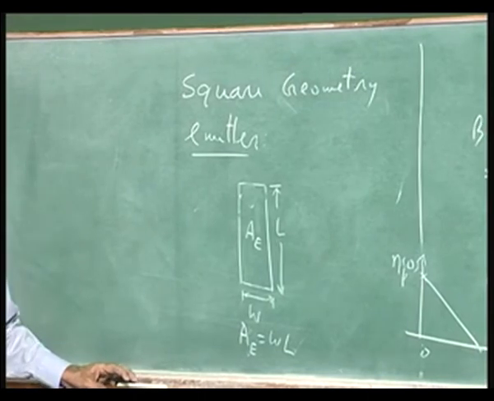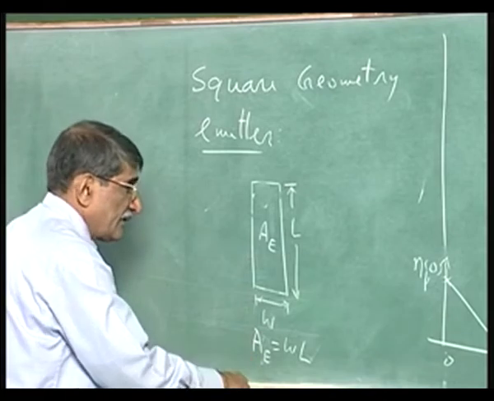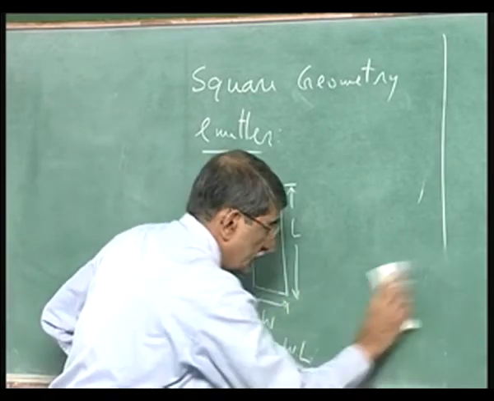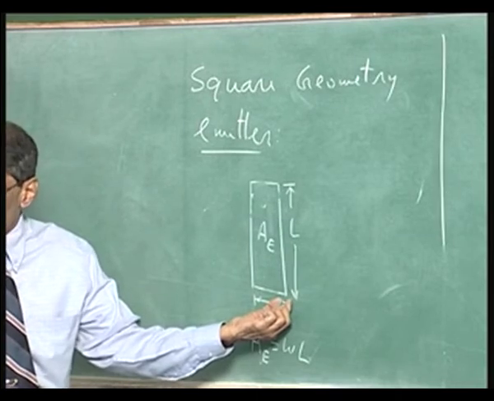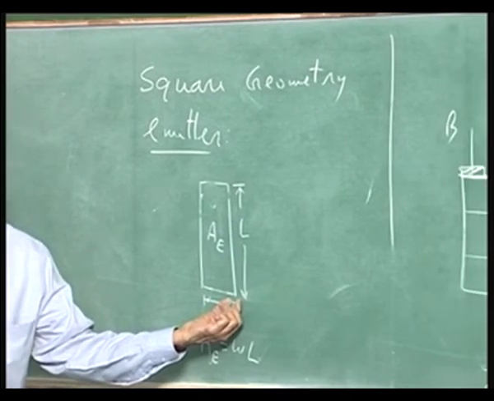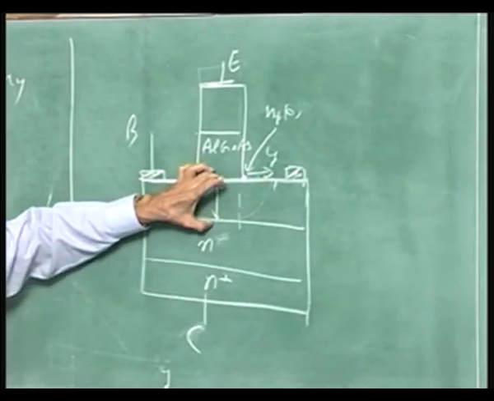Area. How do you calculate surface area? Surface area, if you want to calculate, what you need to do is find out a periphery around this of width equal to that, which is equal to that.